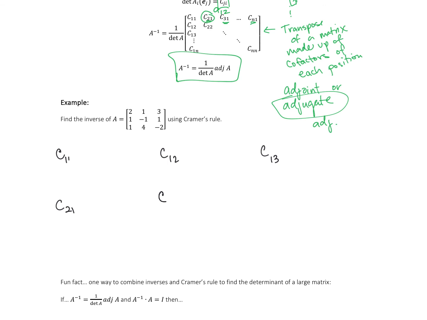Then I have the cofactor of the 2,2 position, the 2,3, the 3,1, 3,2, and 3,3. Now, those are all just a little bit too big, aren't they?